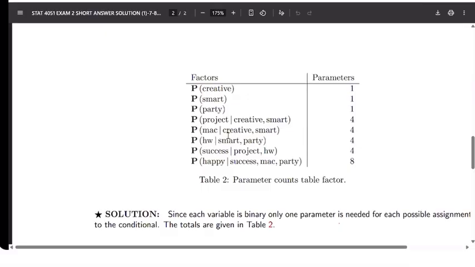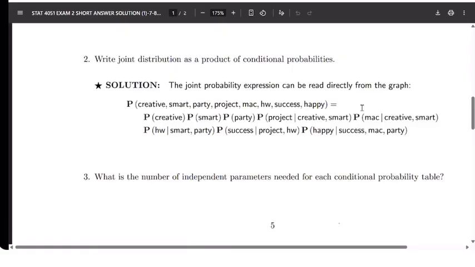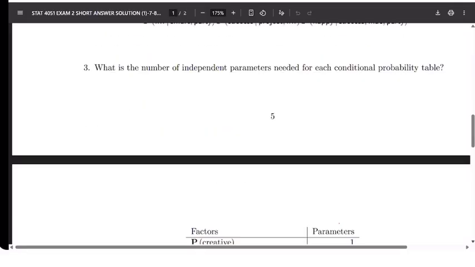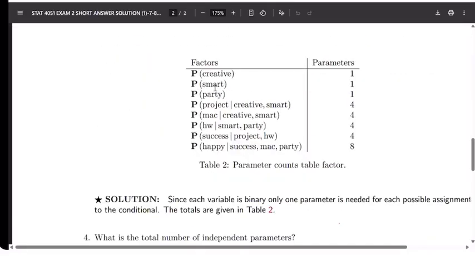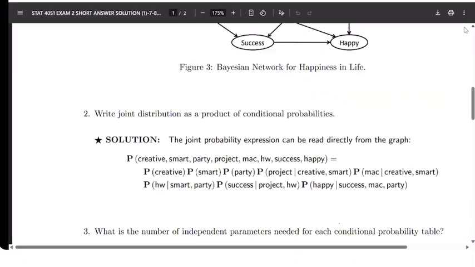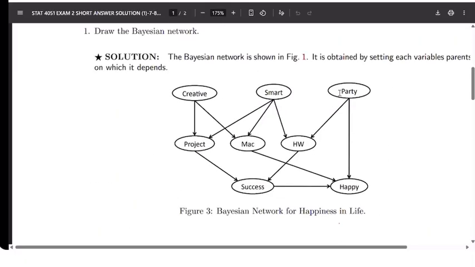Creative, smart, and party do not depend on anything. Because each of them has two states, the moment I know one state, I know the other. If I know the probability of being creative, I can figure out the probability of not being creative using the complementary law.